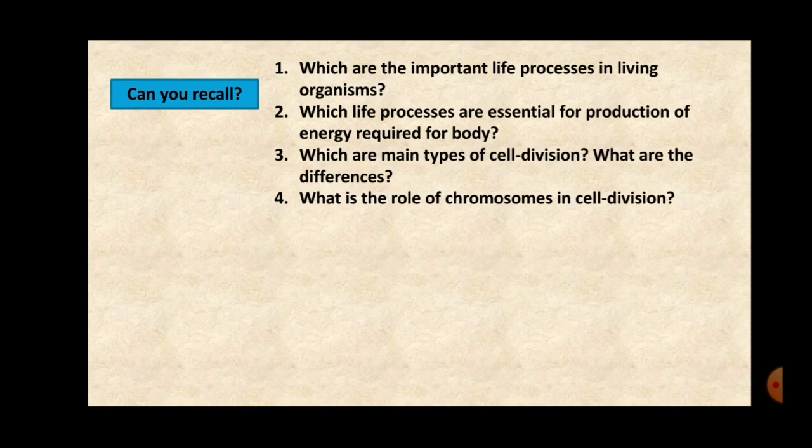Okay, so respiration, circulation, and the very first one, from where we are getting the raw material for the oxidation of food, for the cellular respiration, that is nothing but the food. So that is the nutrition. So it is nutrition, respiration and circulation. These are the three life processes which are essential for production of energy required for body.